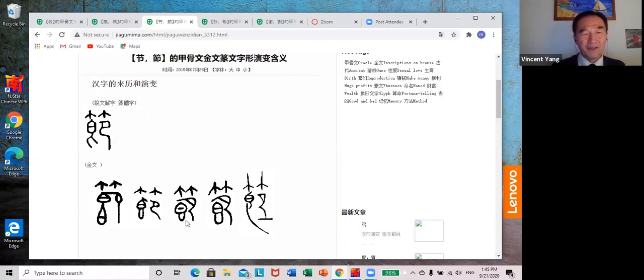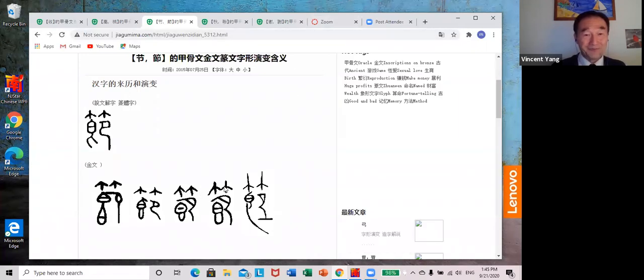Okay, so the simplified character kept the person there and got rid of the cooking pot. So the character itself, 即, in modern Chinese still means to approach, meaning a person is approaching a cooking pot, ready to eat. And the top part is the image of bamboo leaves.